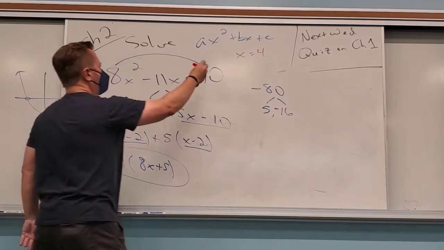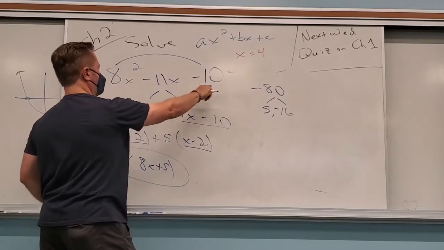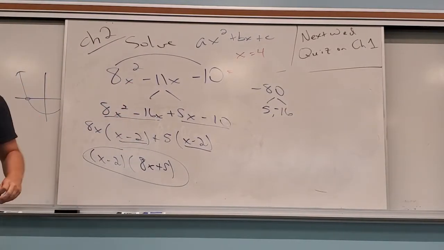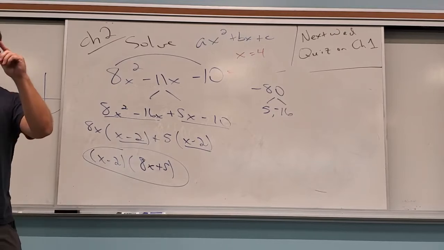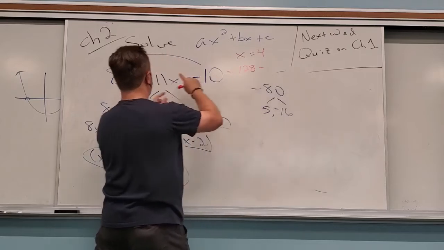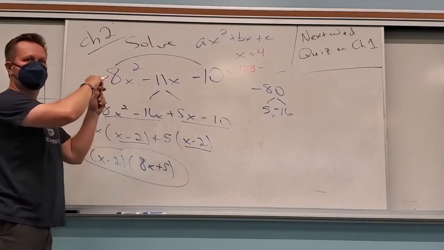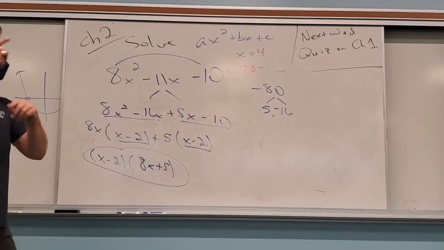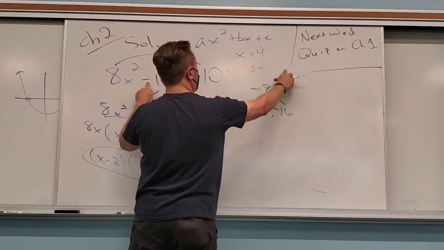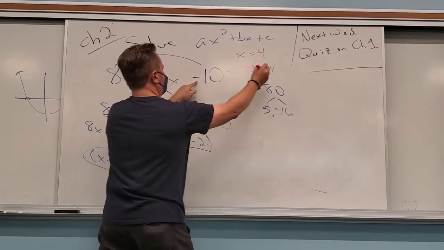If x is 4, what number is this? 8 times 4 squared, 8 times 16 is 128. Right? 8 times 16. 11 times 4 is 44. Minus 10.